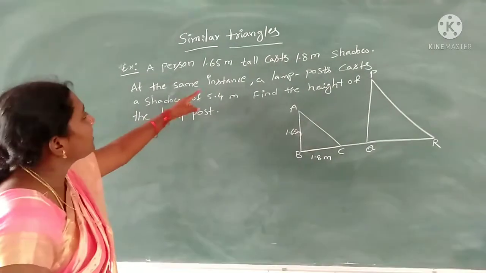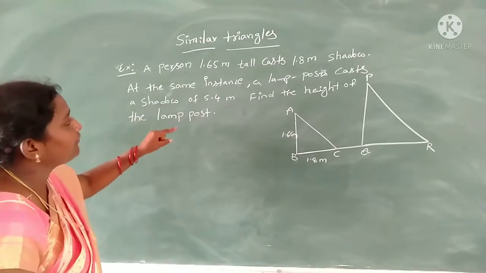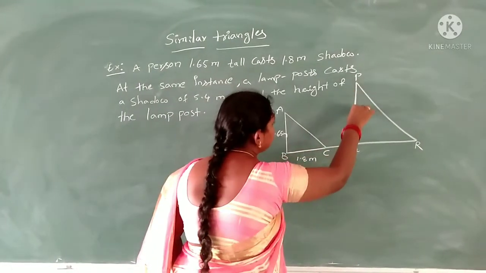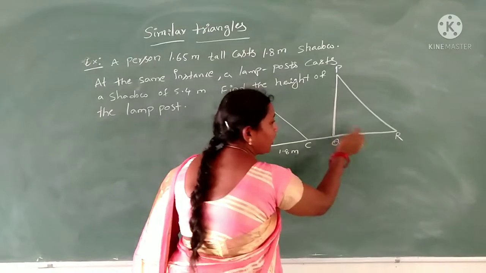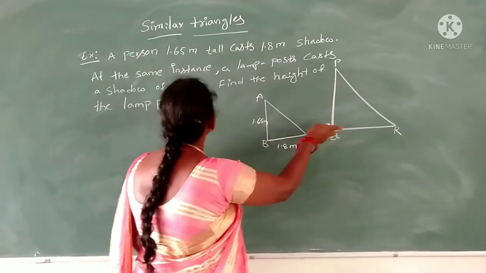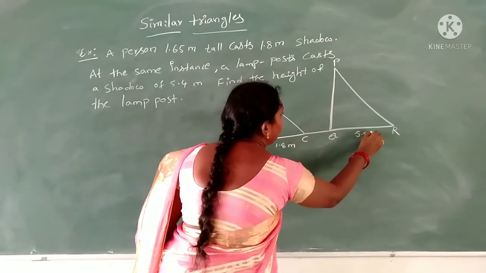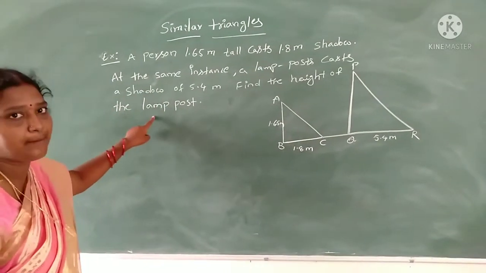Next, at the same instant, a lamp post casts a shadow of 5.4 meters. PQ is the lamp post and QR is the shadow of the lamp post, value 5.4 meters. Find the height of the lamp post.